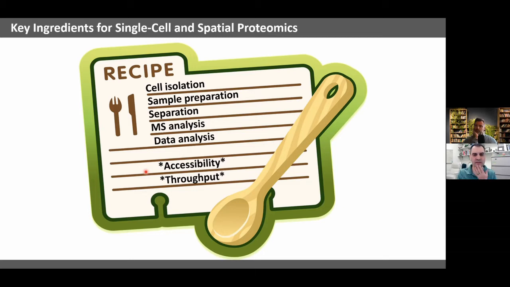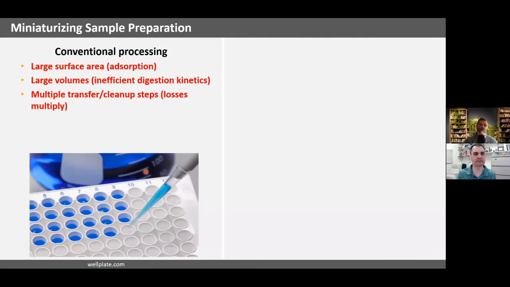So to begin with, optimizing sample preparation for much smaller samples, we looked at conventional sample processing using well plates and pipette tips, and we saw the limitations here include we're exposing our samples to a large surface area. Proteins and peptides tend to adsorb to those.